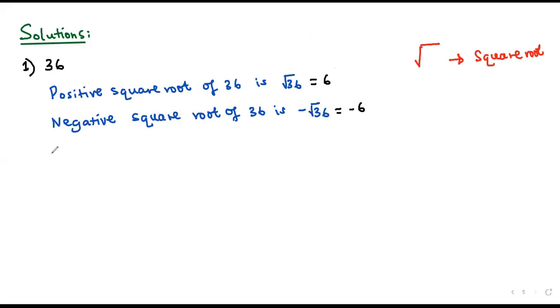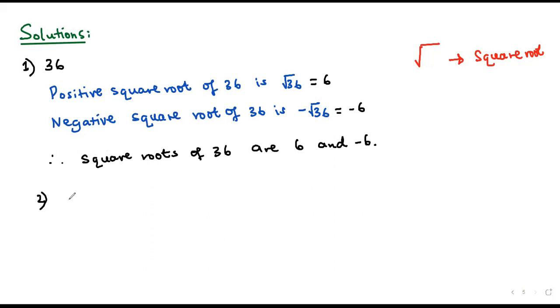So we say that, therefore, the square roots of 36 are 6 and negative 6. You understand? Yes. Okay.